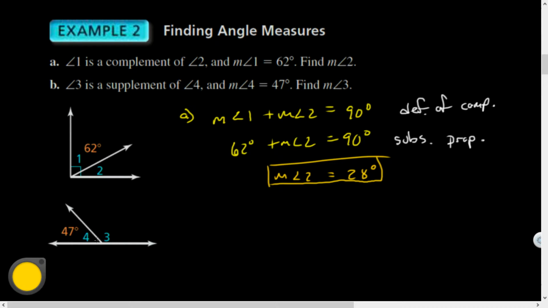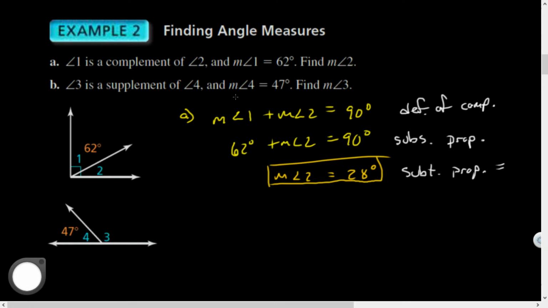Did I do the math right? I think I did. Why is that true, though? Does anyone know what I did that made that true? I didn't show the step, but I subtracted this from both sides. Minus 62, minus 62. That's called the subtraction property of equality.